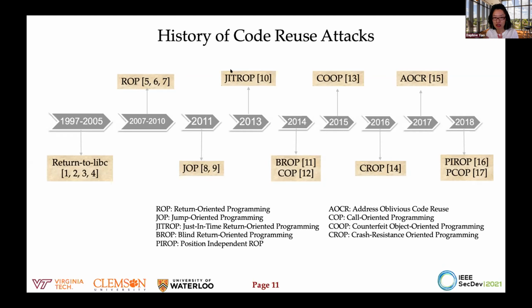The one that we'll focus on in some of Salman's discussion is called just-in-time return-oriented programming, which specifically targets fine-grained ASLR, address space layout randomization, and it has the ability to dynamically discover the code pages, not having to worry about specifically where each gadget is located, and still be able to chain the gadgets together and put together an attack payload.